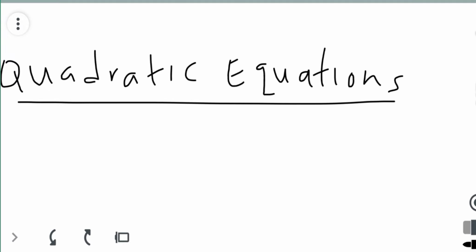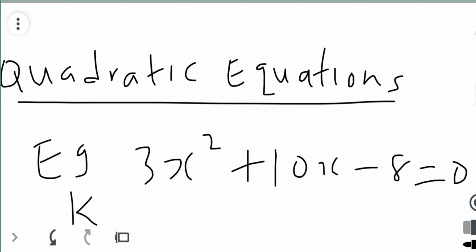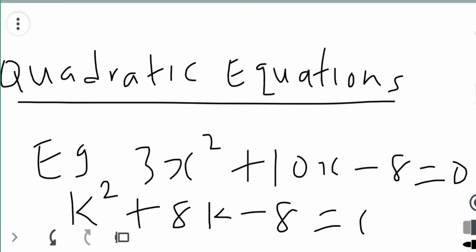A good example of that, e.g., you can have 3x squared plus 10x minus 8 equals 0. You can have that as well. We can have k squared plus 8k minus 8 equals 0.